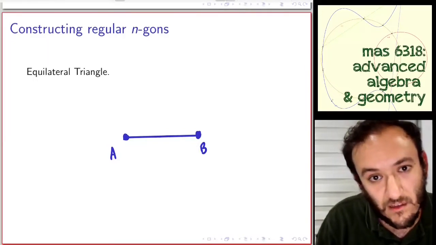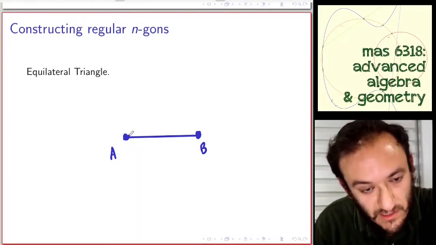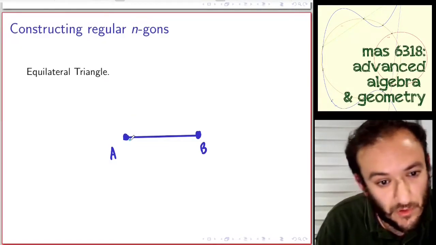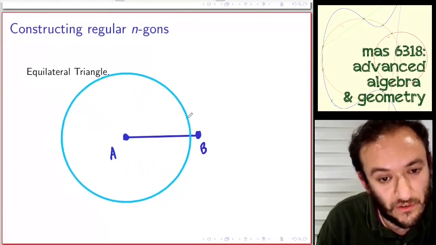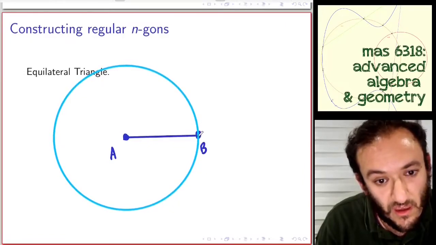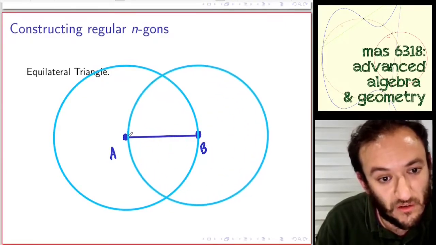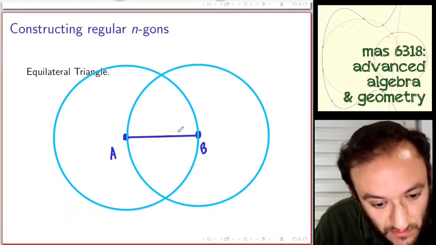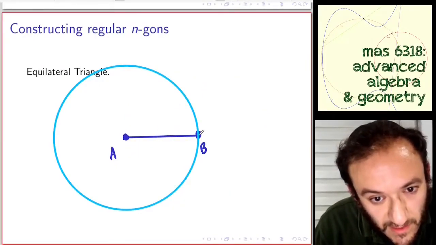Okay, well, this is not hard. We draw a circle centered at A going through B, and a circle centered at B going through A. Let's make that a little nicer.